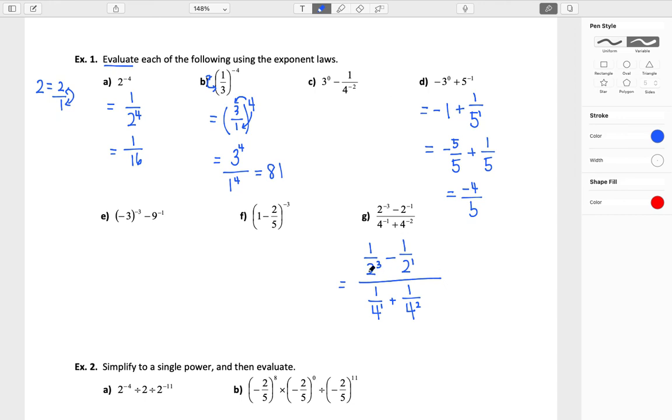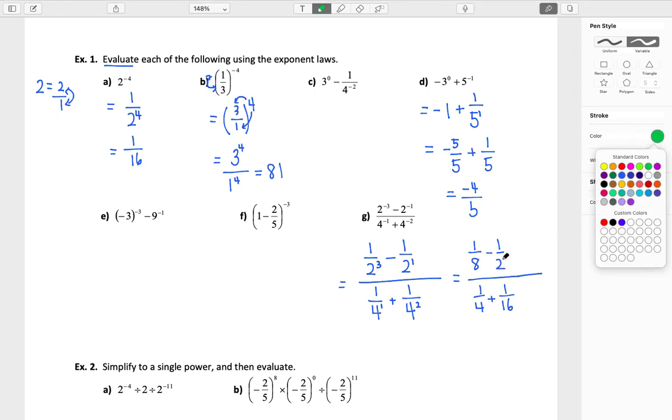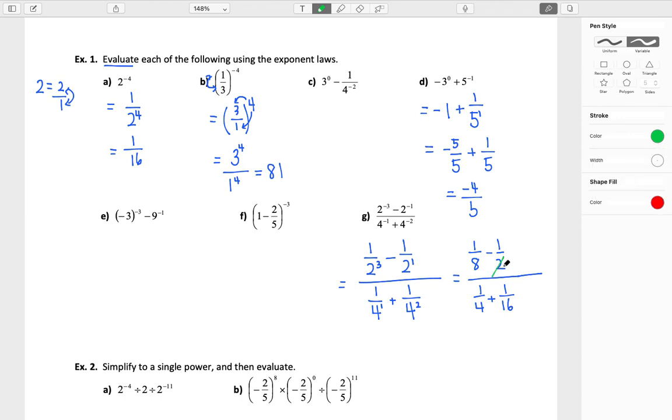So therefore, let's simplify. So 2 to the 3 is 8, so 1 over 8 minus 1 over 2, over 1 over 4 plus 1 over 16. So I'm going to make the same denominator. I'm going to multiply this by 4, so this becomes 4.